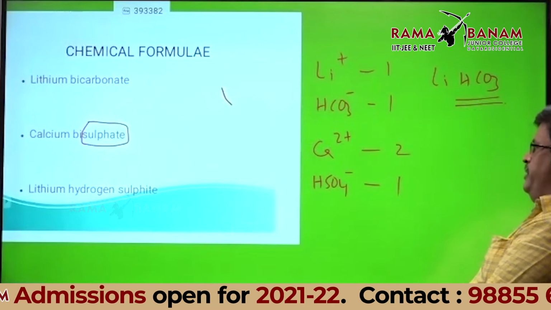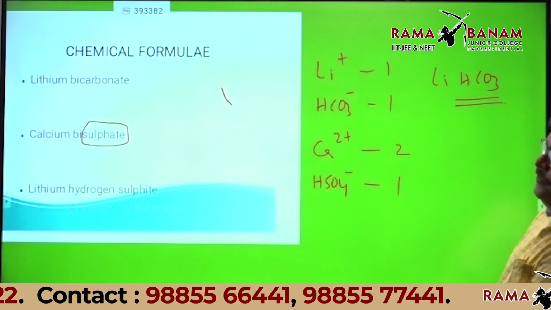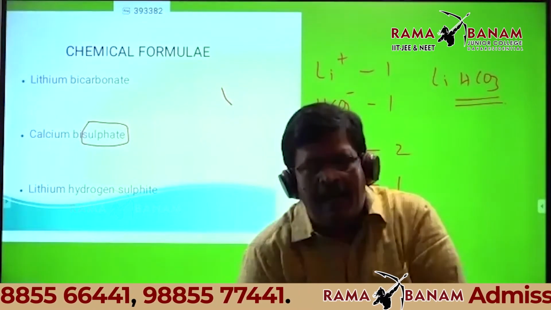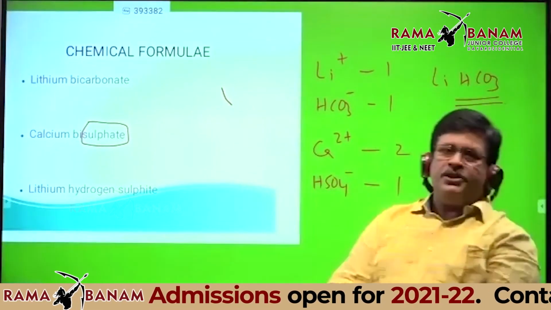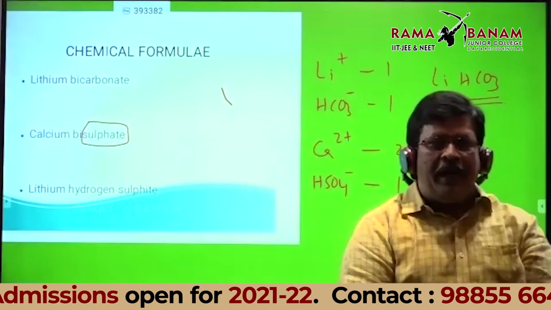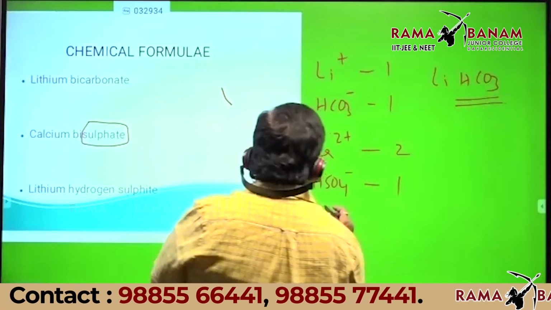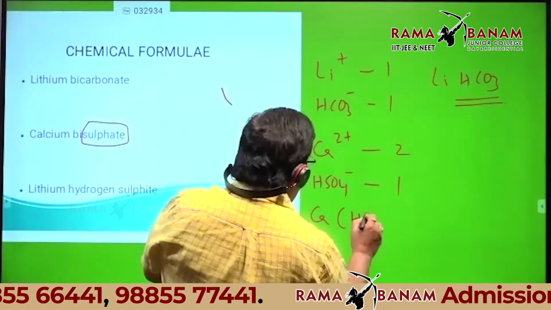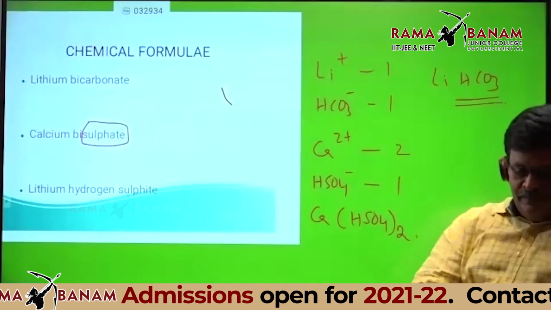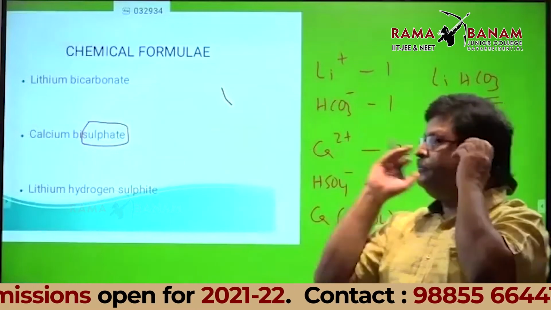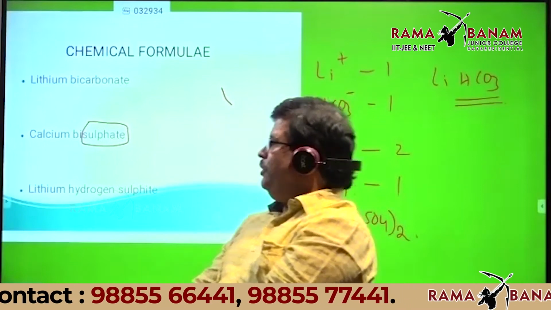Just now I told, we can call that calcium hydrogen sulfate also. You write that name also in your note: calcium bisulfate or calcium hydrogen sulfate. Then I can write the formula Ca(HSO4)2. Any doubt? No, sir.